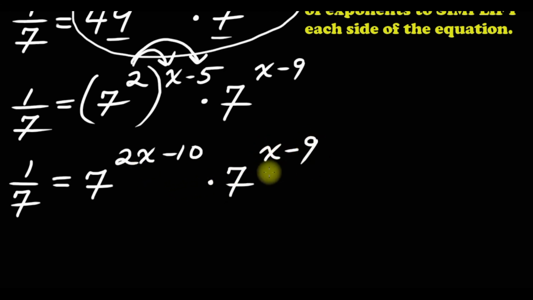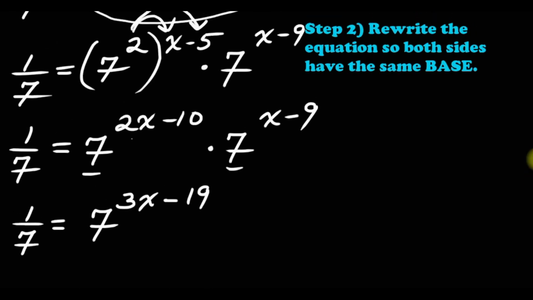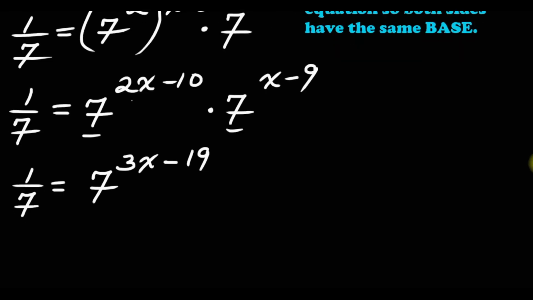Okay, now you can add their exponents because you're multiplying powers that have the same base. So here we have 1 over 7 to the x, we keep the base 7 and then we add the exponent. So here I have 2x plus x, that's going to be 3x, and then negative 10 take away 9 is negative 19.